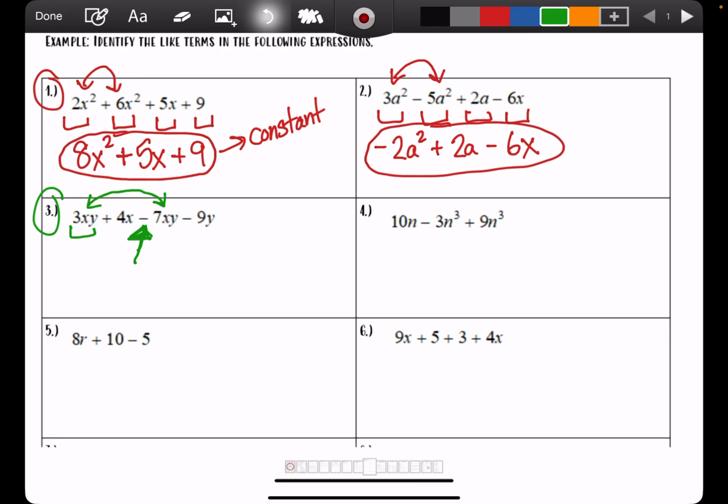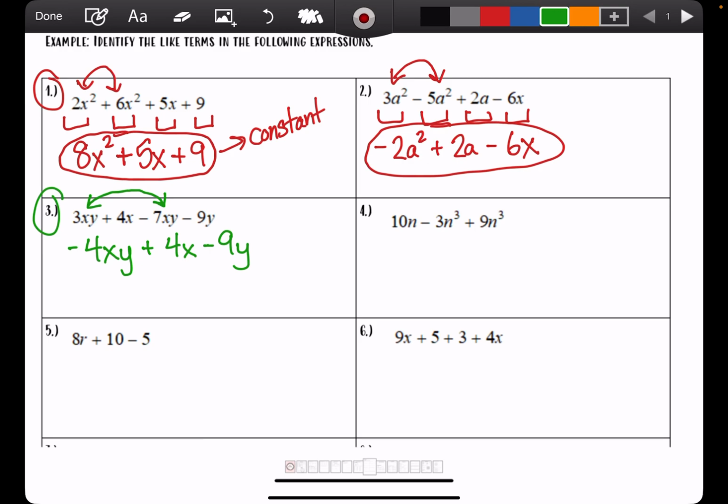3 minus 7 is negative 4, so I'm going to end up with a negative 4xy when I combine those two terms. And then I still have plus 4x and minus 9y. Now I've got to ask myself, are there any more like terms?